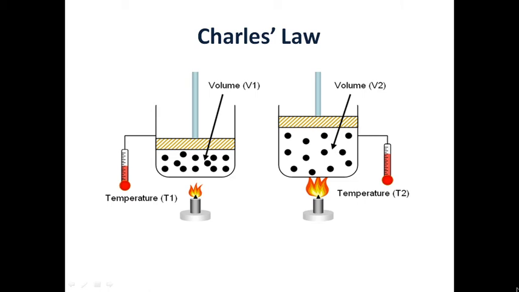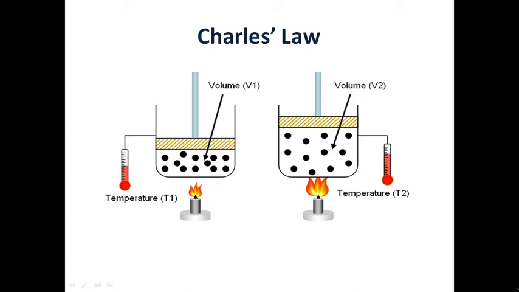Now this is the experimental verification and the example of Charles' law. See, in the left hand side we have a gas in the container. The gas has lower volume. We are applying the temperature. In the right hand side the volume is larger as compared to the left hand side container, and that higher volume of the gas is because of the higher temperature that we are applying from the bottom.